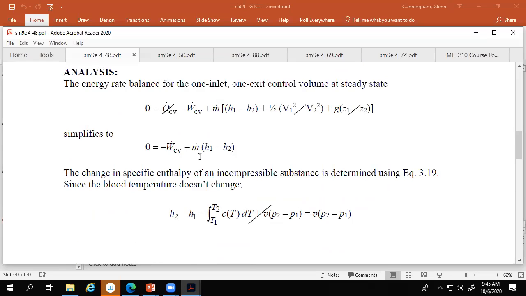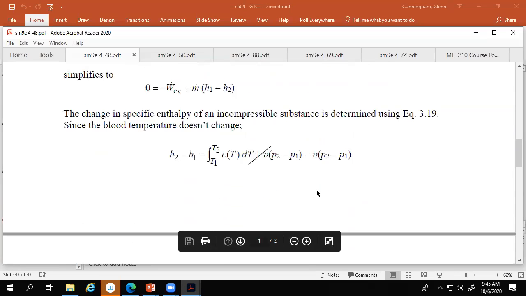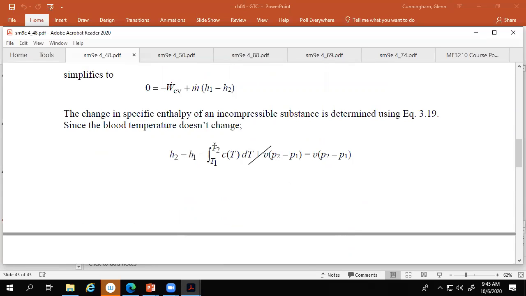Okay, so we need to evaluate this enthalpy difference. For an incompressible substance, you can look back in the chapter, or you can remember it's the integral from T1 to T2 of the specific heat, not Cp, not Cv, just C of T times dT. He kind of missed the slash, it should be over here on this term, so in the solution the slash is in the wrong place.